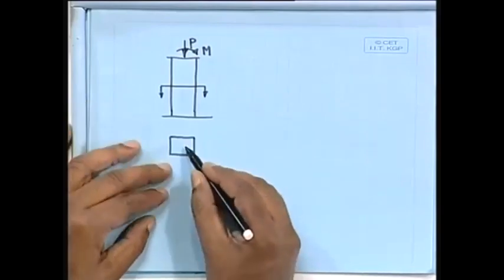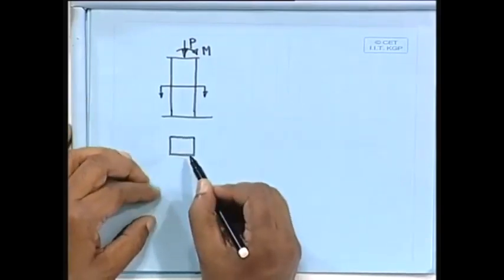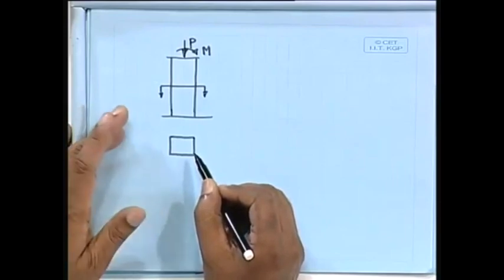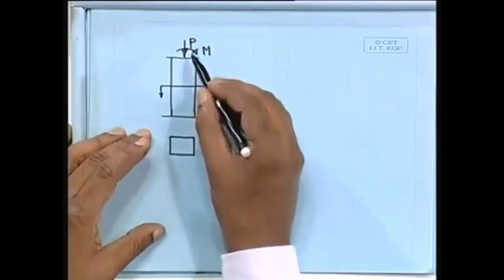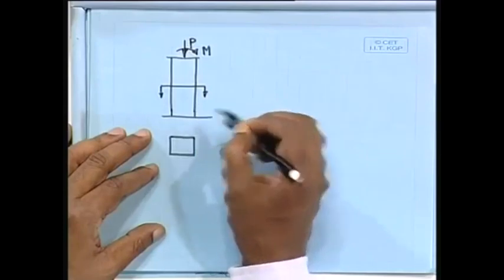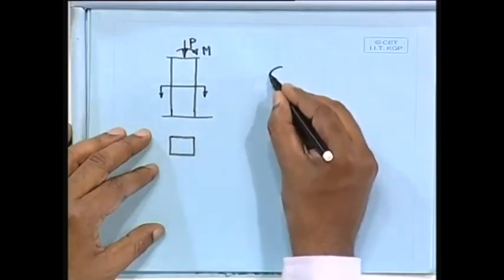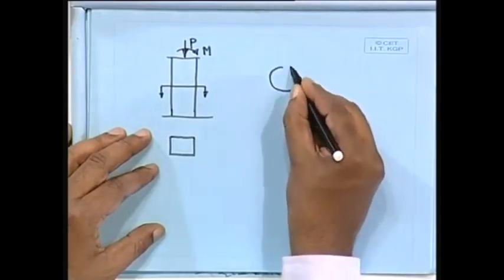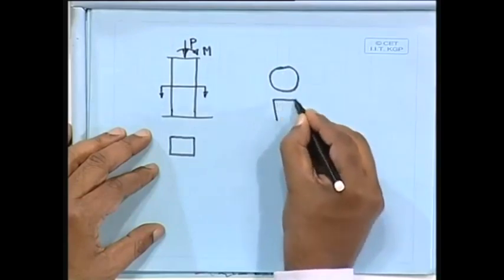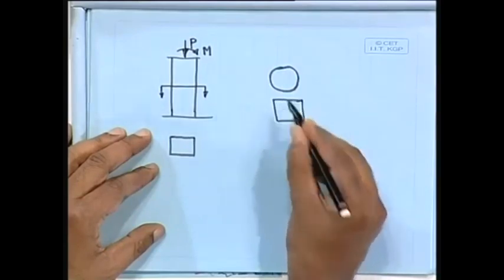Not necessarily will we make this column square; we can make it rectangular also. If it is axially loaded, we can even take it circular if required, square, it does not matter, rectangular also.